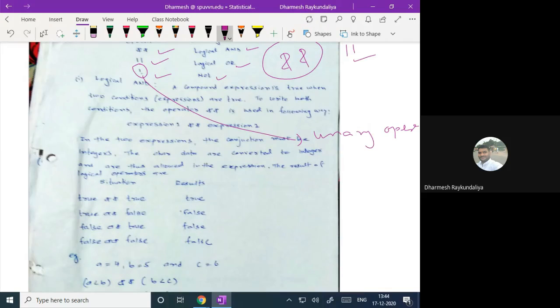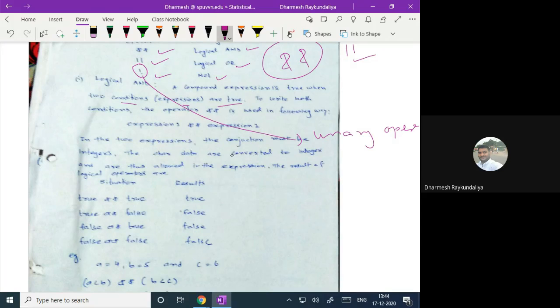Logical AND: a compound expression is true when two conditions or expressions are true. So when expression 1 and expression 2 are true, and you use logical AND as the logical operator, then the result will be true.